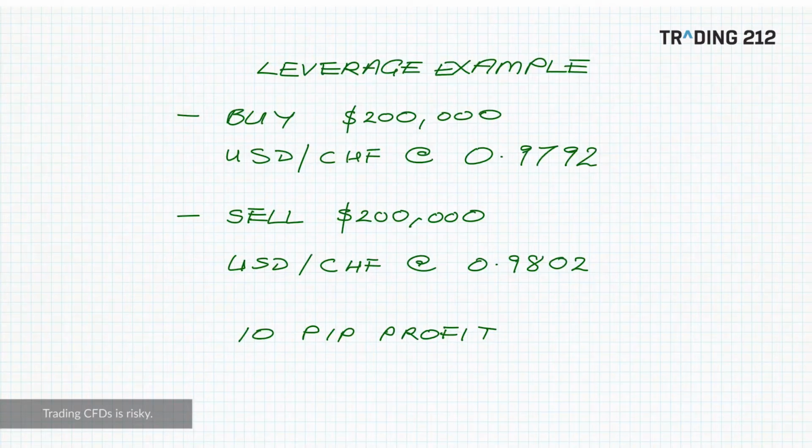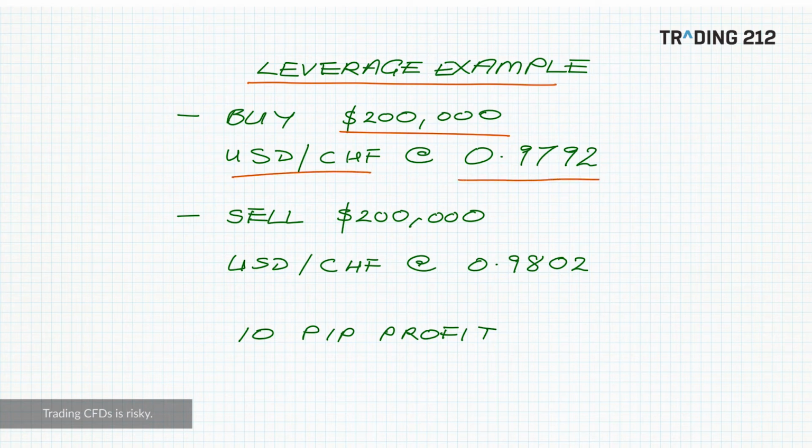So let's just run through some very simple numbers to further illustrate this leverage example. So we said you could take a position of $200,000. Let's say that you choose to buy those $200,000 of dollar Swiss at an exchange rate of, let's say, 0.9792. And let's say that the exchange rate increases and you're able to sell out your position at a profit.